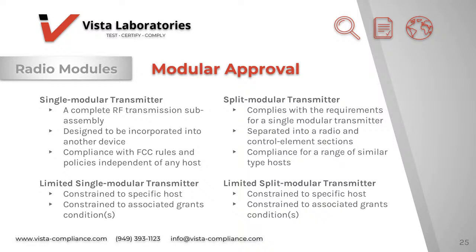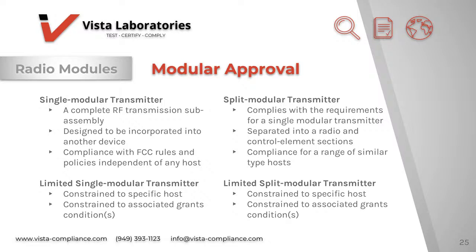Modular approvals are for tangible, clearly delineated devices that operate when installed within or attached to a host product in one of the following four physical configurations. The first one is the singular modular transmitter, a complete RF transmission subassembly designed to be incorporated into another device, with compliance with FCC rules and policies independent of any host.